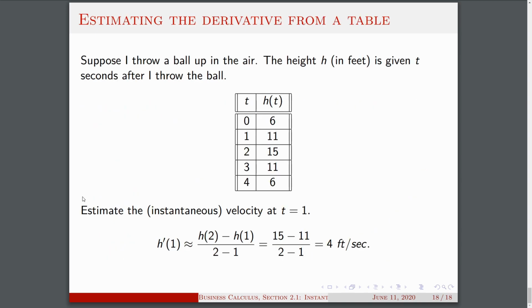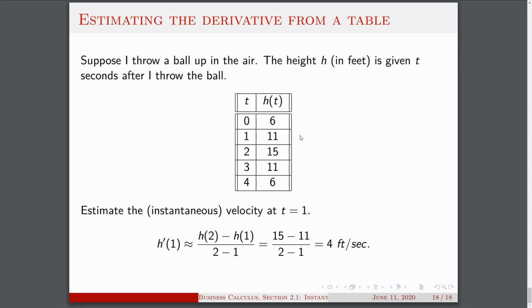And an even easier example is if, let's say, I throw a ball up in the air, and we're given a table of heights of the ball at time t. So here's the table, and let's say we want to know the velocity at a particular point, t equals 1, for example.